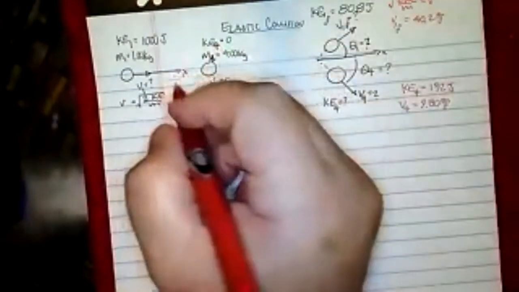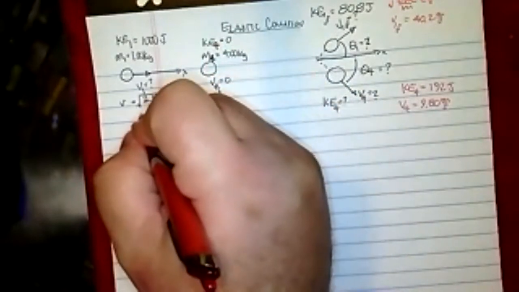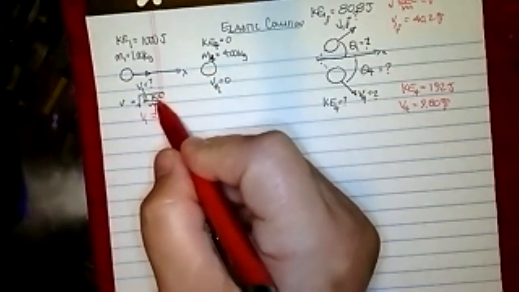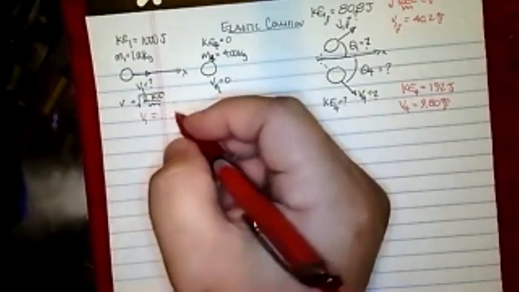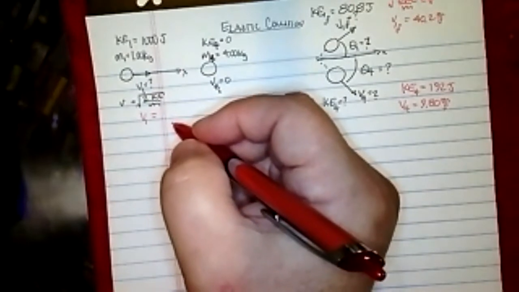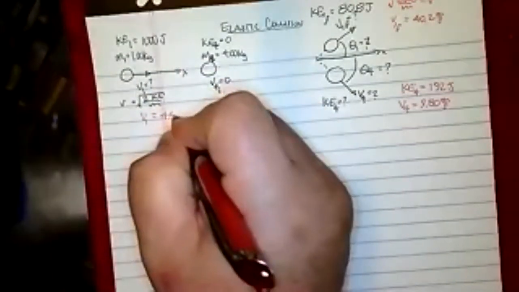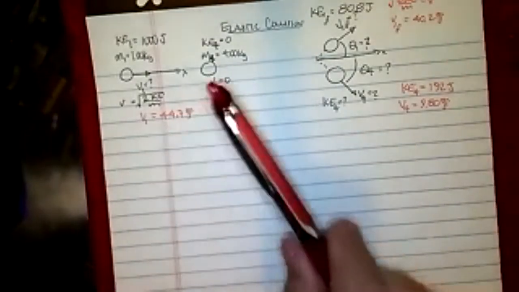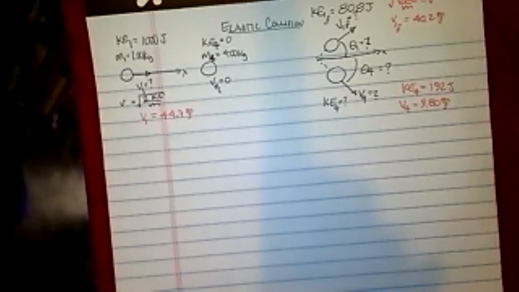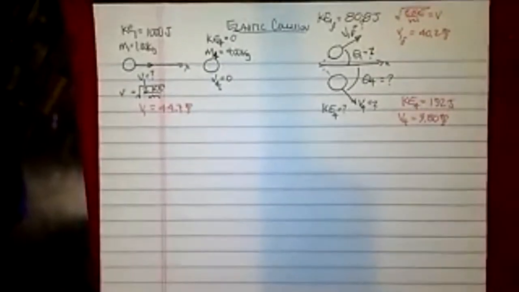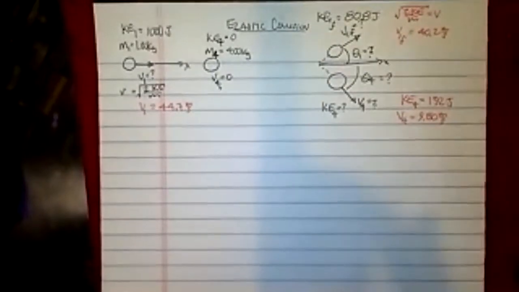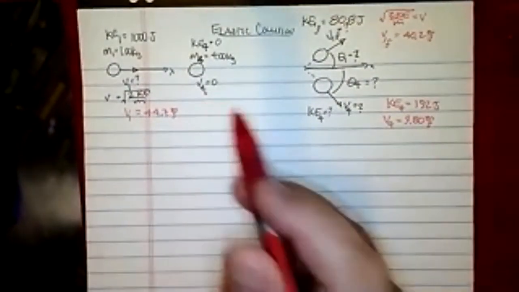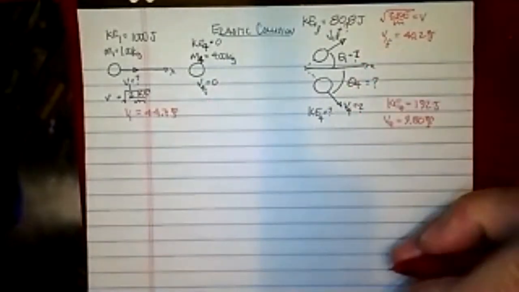And the velocity of the 1 kilogram object before the collision, again using the square root of 2 KE over m, is equal to 44.7 meters per second. So that all came from the definition of kinetic energy being 1/2 mv squared, and the fact that kinetic energy is conserved. And from that, we now know all the velocity magnitudes. It's just a matter of solving for these two.